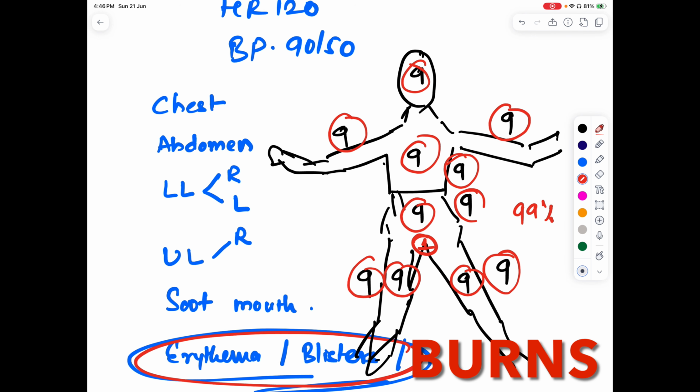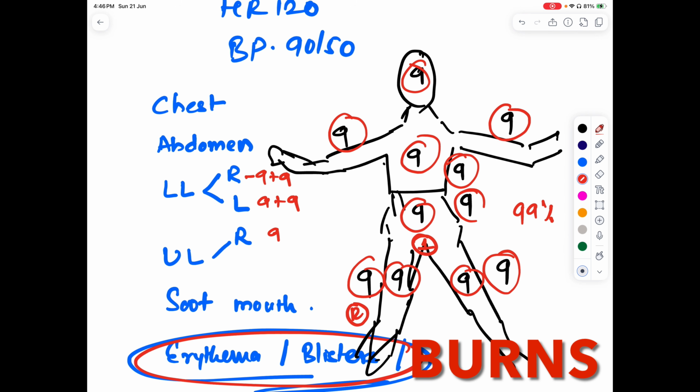In this manner, for the lower extremity, the complete right lower extremity is 18, 9 plus 9, and left again 9 plus 9. Both lower extremities are burned. Right upper extremity is only 9.